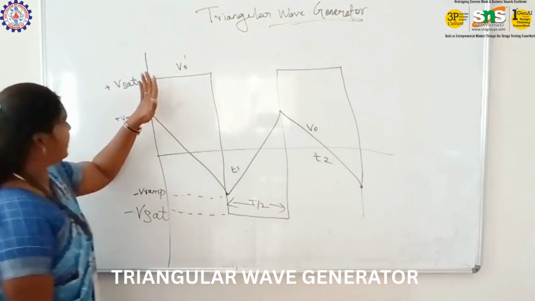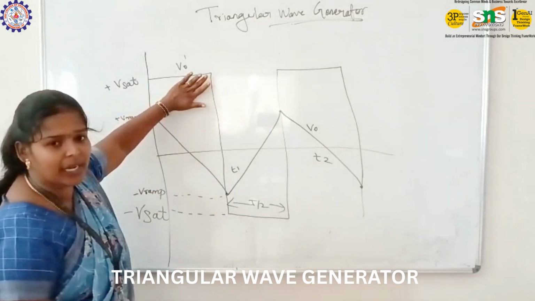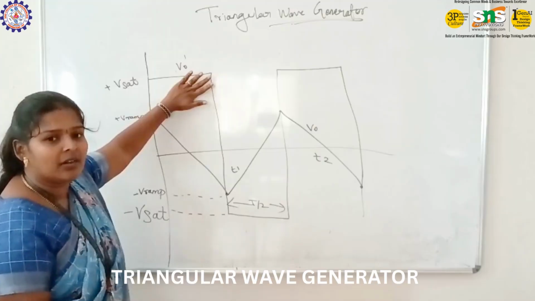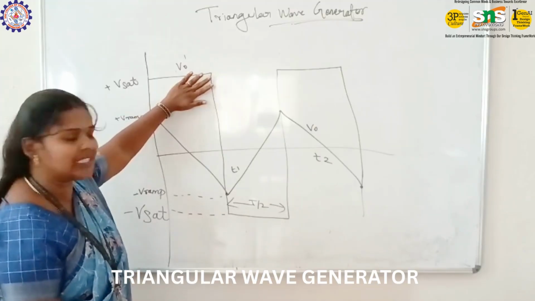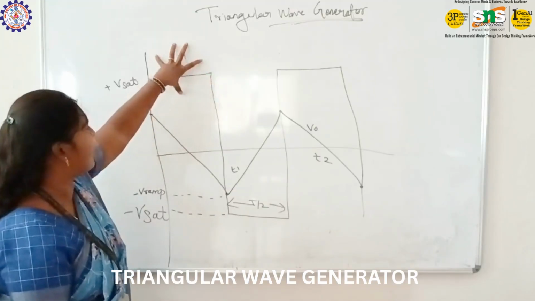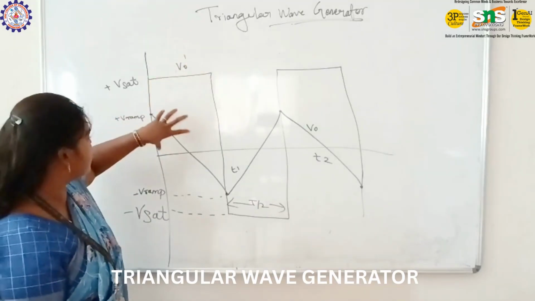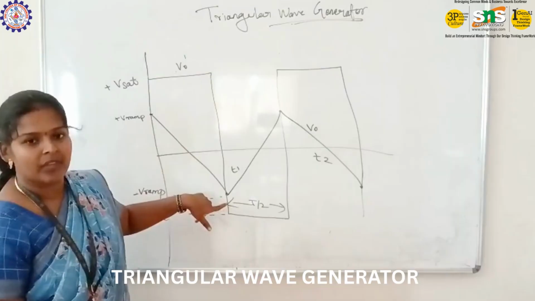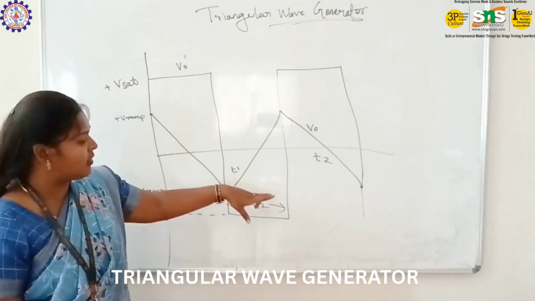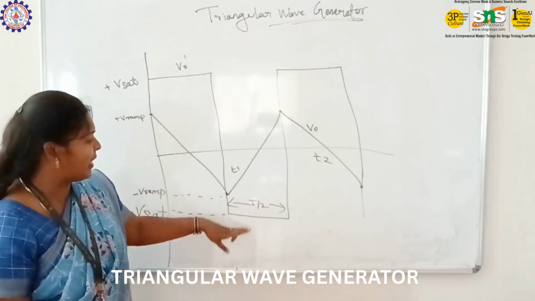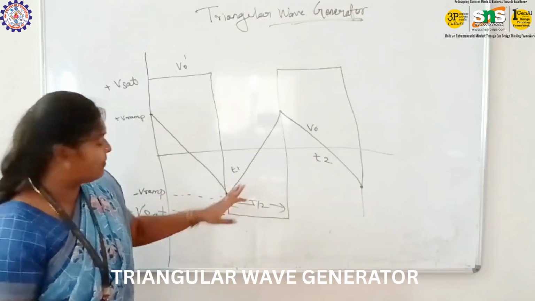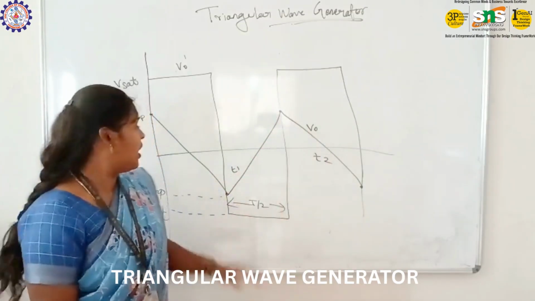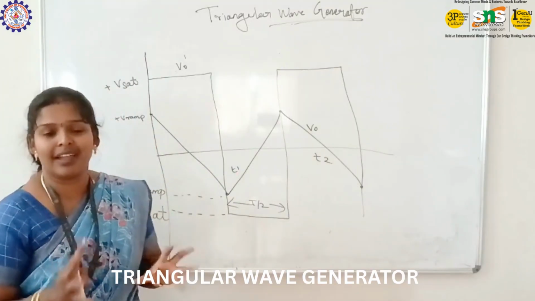Whenever I apply the signal to the comparator, it produces the output, and the integrator produces the output in charging and discharging mode. When the comparator goes high, the capacitor will discharge the signal here. Then when the comparator goes low, the integrator will charge the value, so that we get the integrator output as a triangular wave.